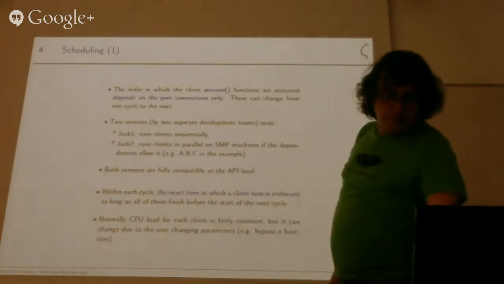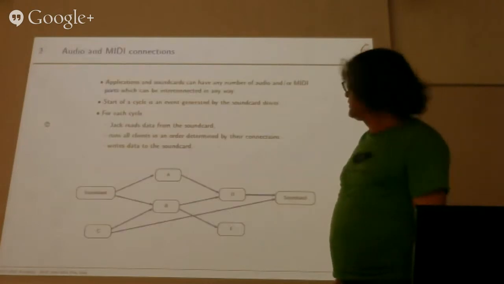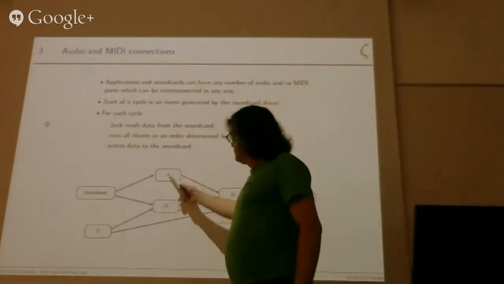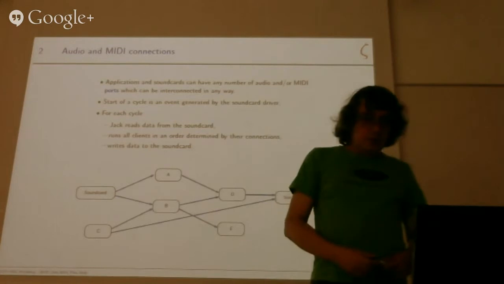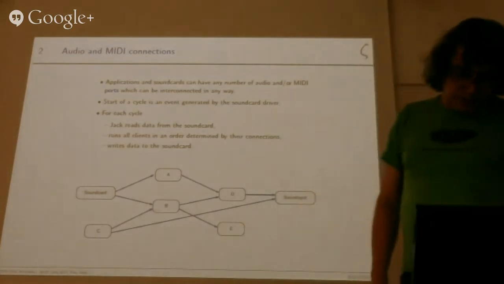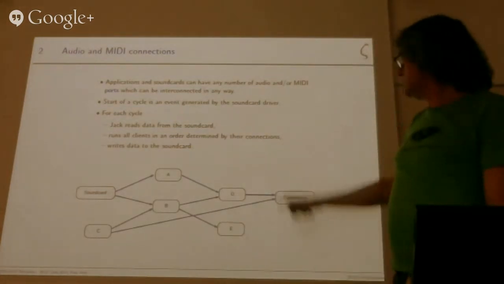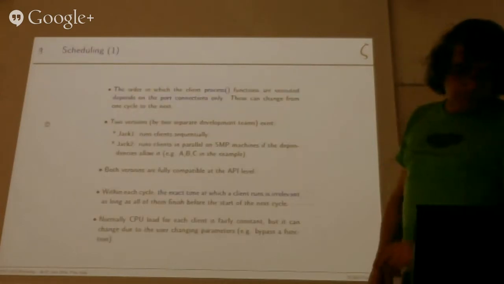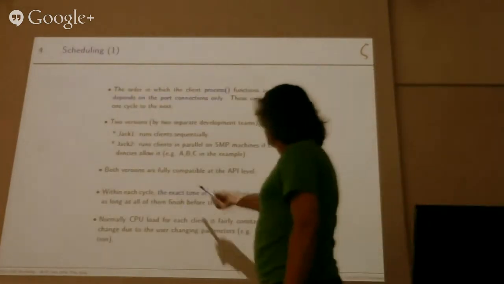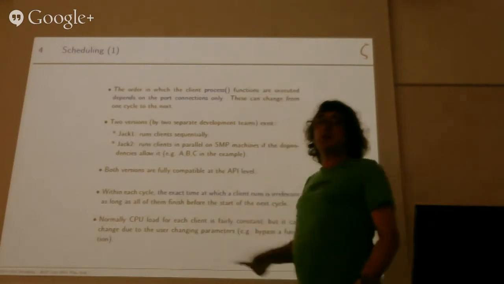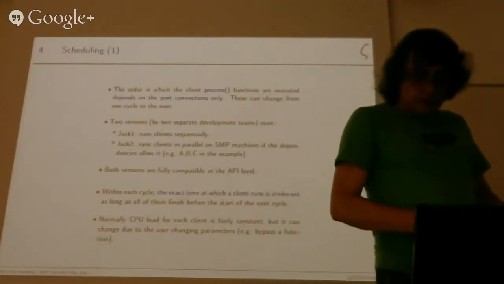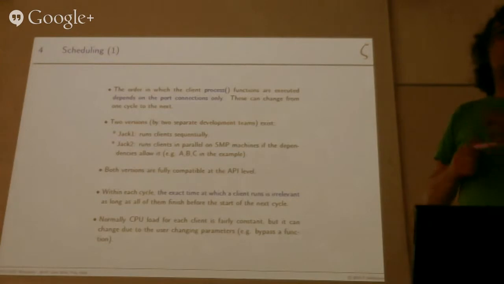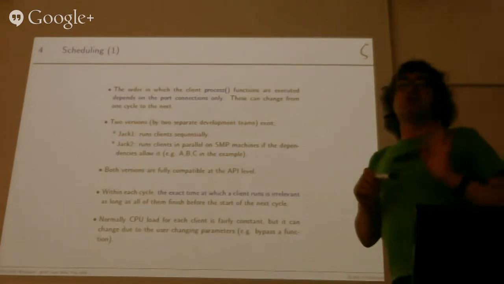In the example here, A, B, and C could be run together in parallel by Jack 2 because they don't depend on each other. But both versions are fully compatible at the API level, so you can compile a program on a system which has Jack 1 installed and run it on a system with Jack 2, no problem.